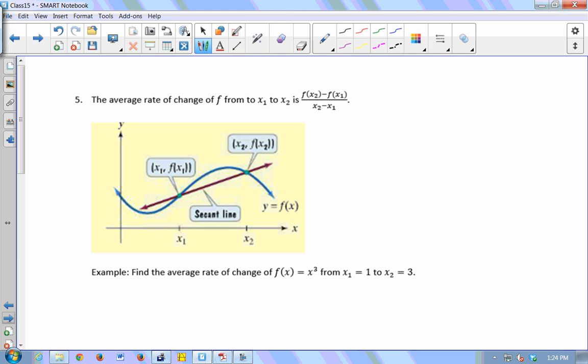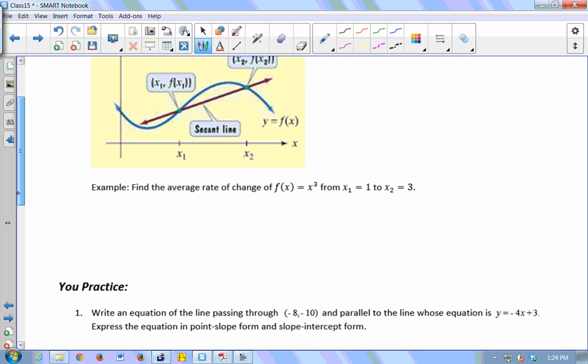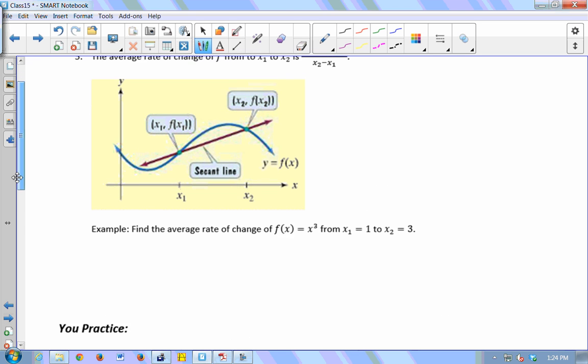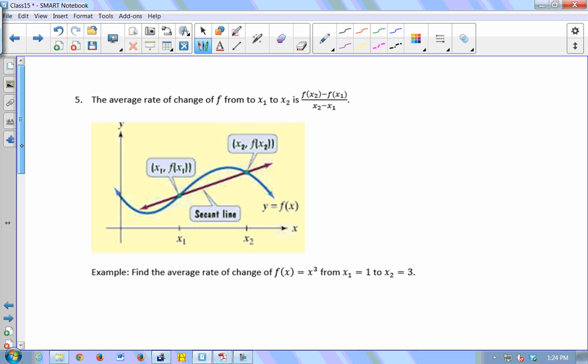Okay, so you can calculate the average rate of change for any function by doing change in y over change in x. Just like you calculate slope, it's the slope of a secant line connecting the 2 points. So this is like, you know, a vanilla kind of question. There's no context or anything. I want you to find the average rate of change for the function x cubed from x1 equals 1 to x2 equals 3.